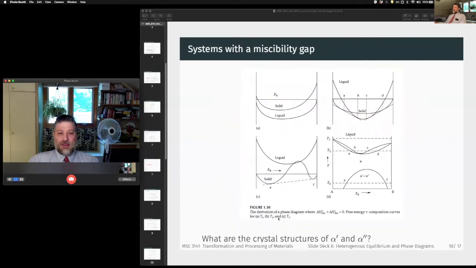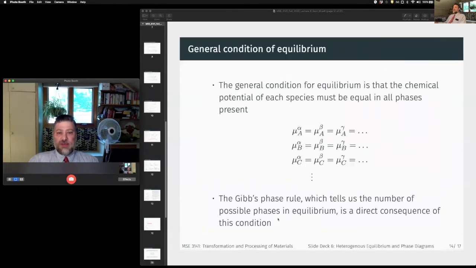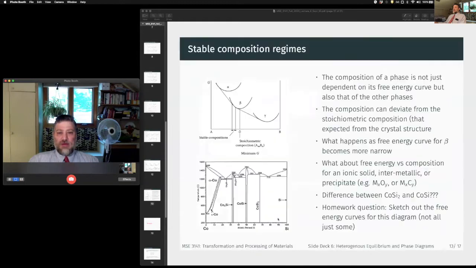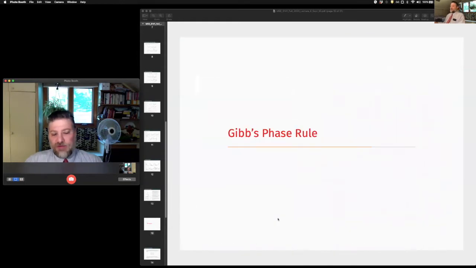We talked about the construction of phase diagrams, and we left off just before we started with the Gibbs phase rule. So what's the deal with the Gibbs phase rule? Today will be like an all Gibbs lecture because we'll talk about the Gibbs phase rule.